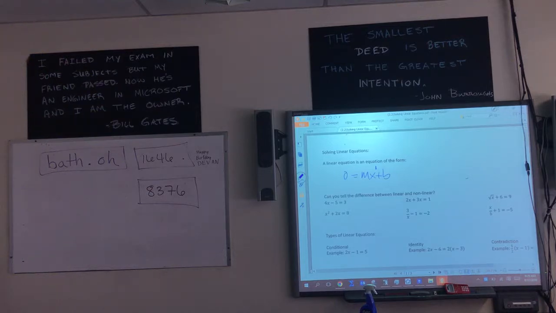Or I at least should have placeholders for those terms. They might have coefficients of 0, so they vanish, but I should have those placeholders for each one of those terms. So that is the generic linear equation format that we're going to go by. Anything of that form is linear, anything that is not of that form is not linear.